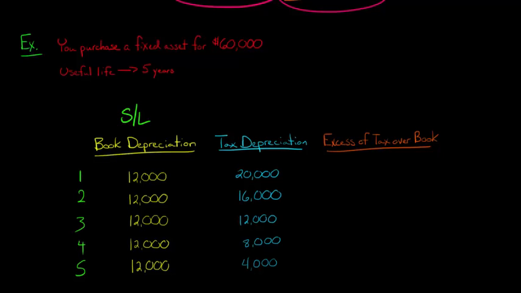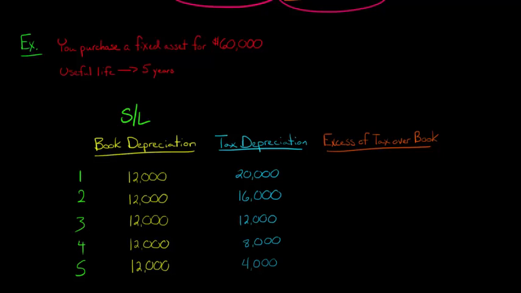So they're still taking $60,000 in deductions, but they're going to take the deductions in larger amounts in earlier years and then in lower amounts in later years. So it's accelerating the deductions because of the time value of money, it's basically a good thing for this business, right? So they're going to get to deduct $20,000 in year 1. However, the amount that they deduct goes down over time, and by the end of the final year of the asset, they only deduct $4,000.